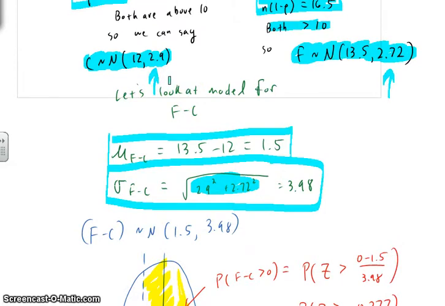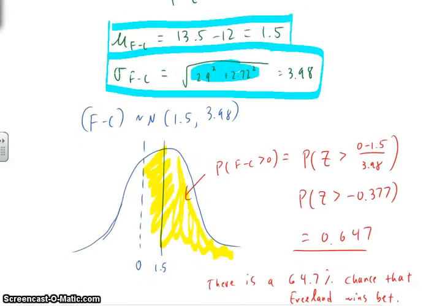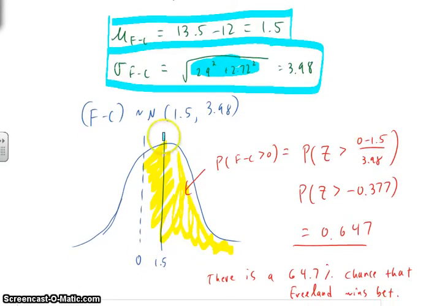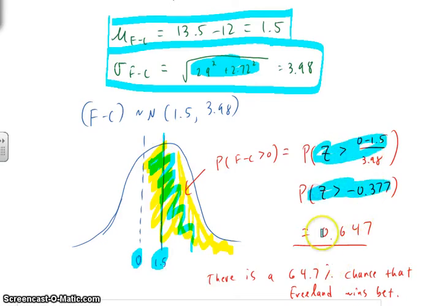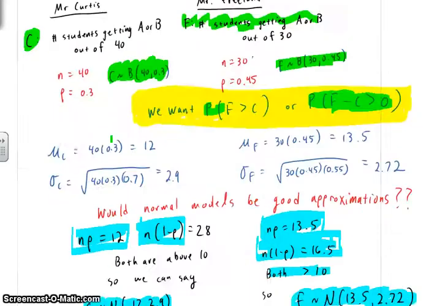It's a process we've done many times. Then I'm going to find the probability that the difference is greater than 0. Here's the expected difference, here's 0, and I'm finding the area under the curve here. I find a z-score and use normal CDF to see there's about a 65% chance that Mr. Freeland has more students that get A's or B's than Mr. Curtis, which was the bet.